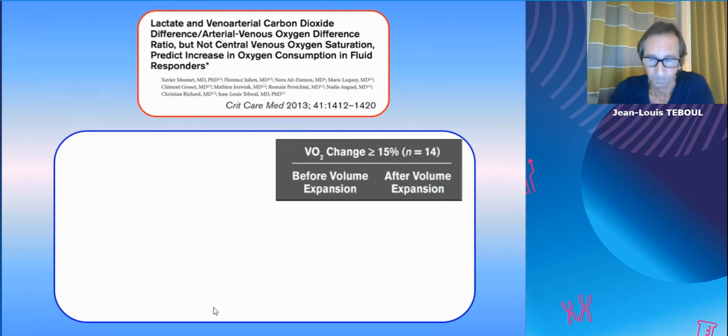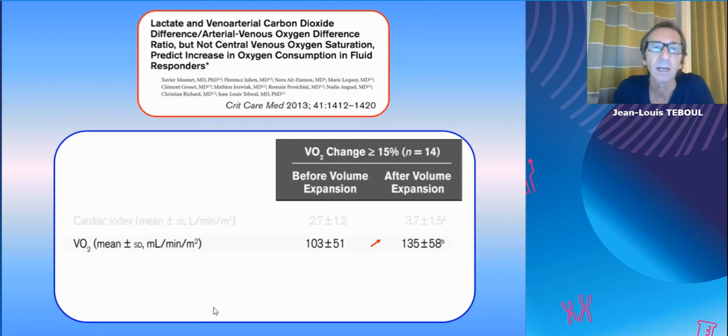The answer is no. According to this paper we published some years ago with Monnet and others from my unit, we looked at patients in whom we gave fluids. And we looked at the subgroup of patients who increased VO2 after fluid administration, and this increase was by more than 15%. So by definition, VO2 increased in this group of patients, and this was due to an increase in cardiac index after fluid administration.